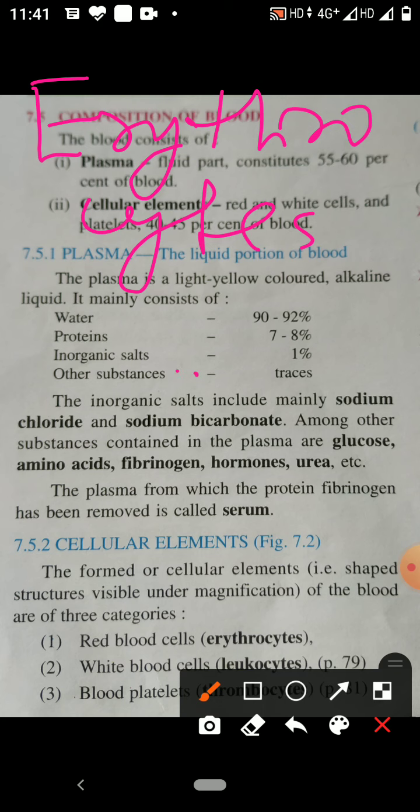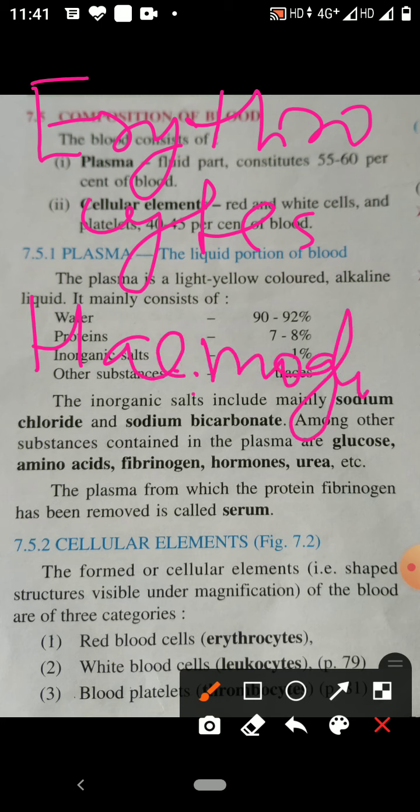Mature red blood cells have no nucleus. They have a respiratory pigment, hemoglobin, and it transports oxygen from the lung to the tissue, and carbon dioxide from the tissue to the lung.